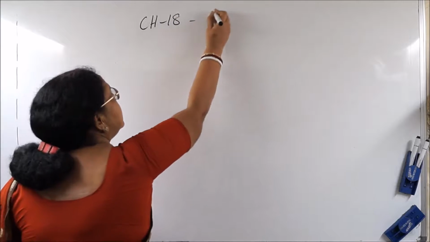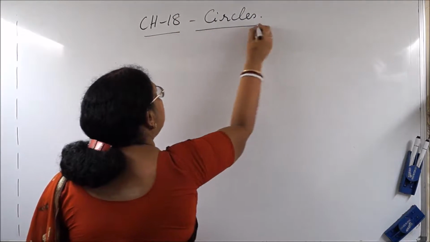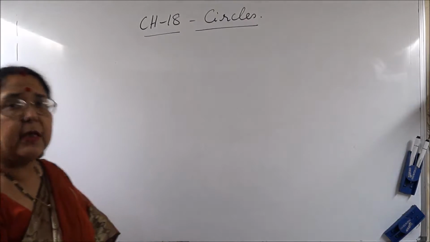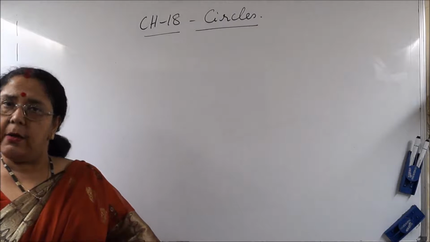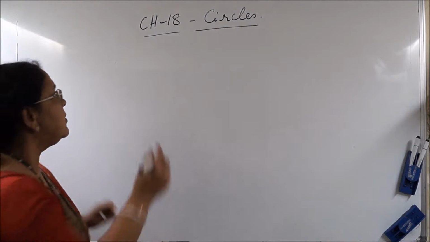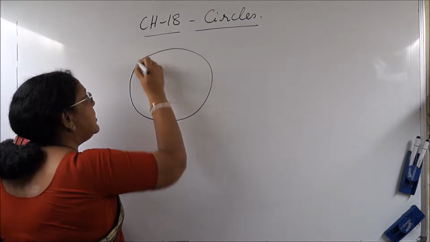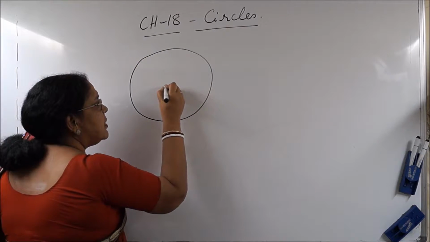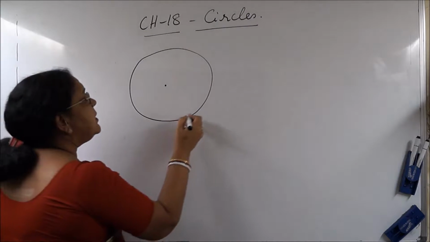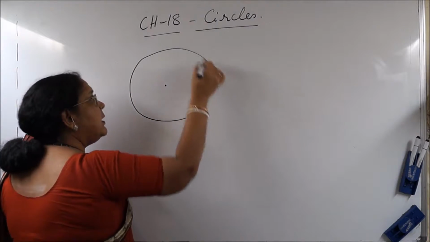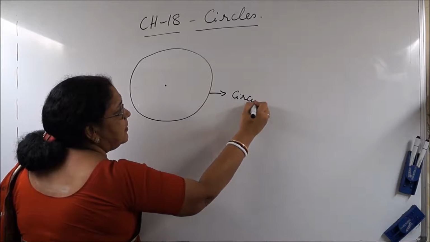Chapter 18, circles. You are already aware of all the different parts of the circles, different terms, but still let us brush up once again and then we will proceed, the basics. So now a circle has a center. With reference to this point of center only, we draw the circle, and this is called the circumference of the circle.